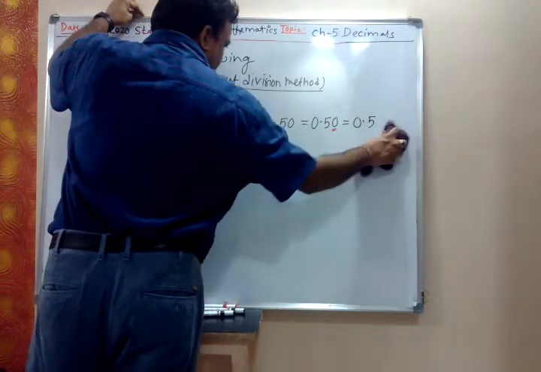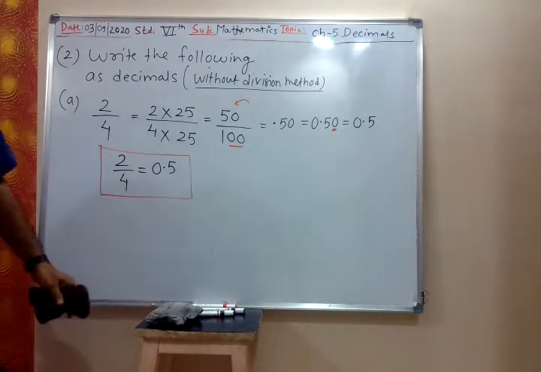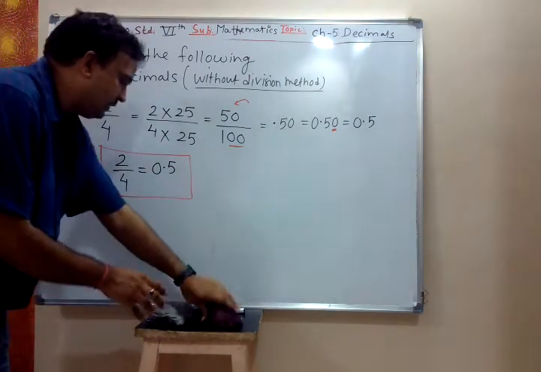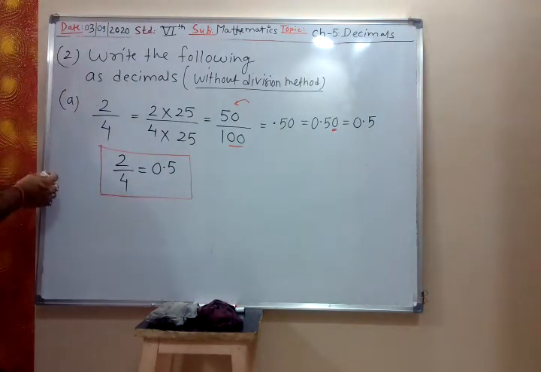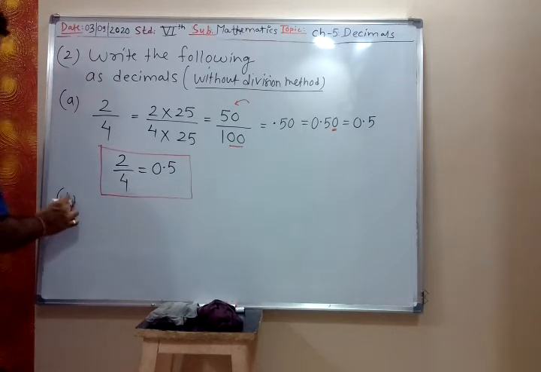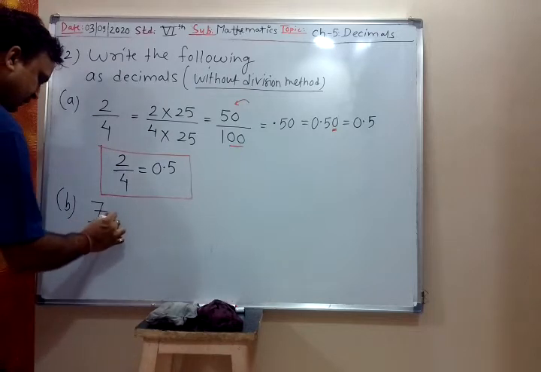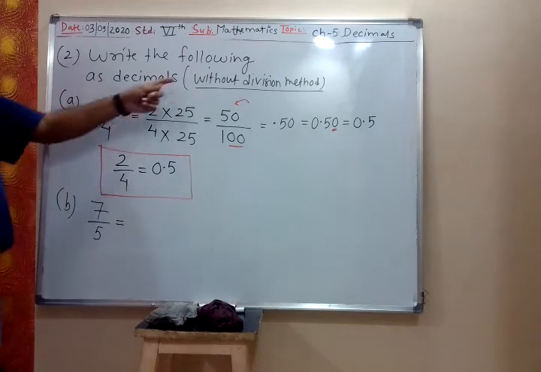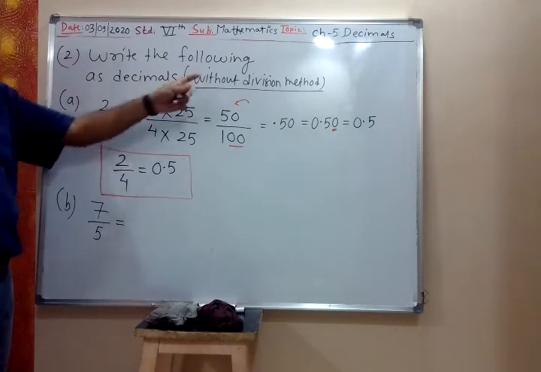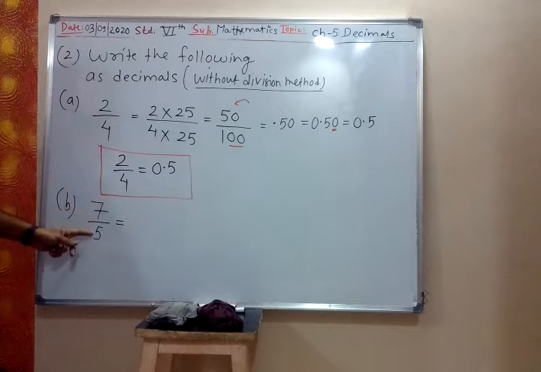Now let us do the second one, B, 7 upon 5. To convert it into a decimal, we don't have to divide 7 by 5.